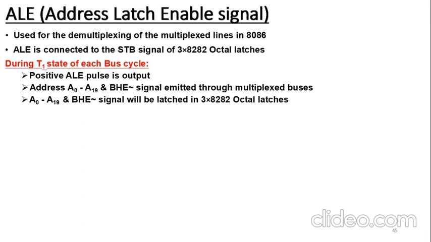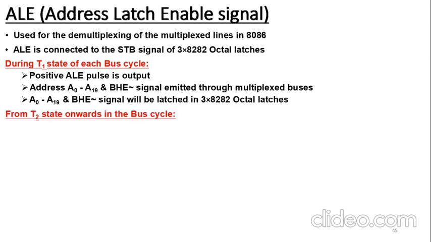Then this address 0 to 19 and this signal BHE bar will be latched in the 3 sets of 8282 octal latches here. The ALE pulse, which is connected to the strobe signal, will be used for latching that address, 20 bits of address, and the BHE bar signal into these externally connected 3 sets of octal latches.